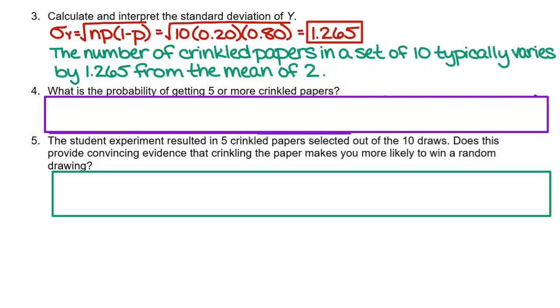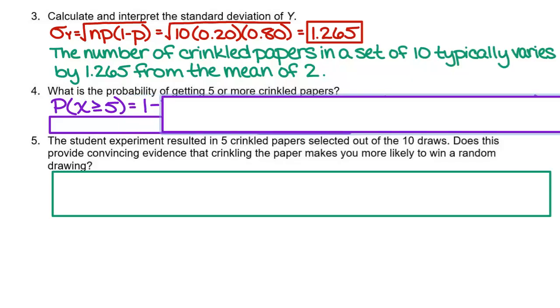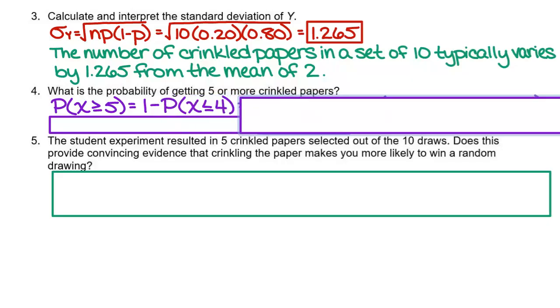Probability of getting 5 or more crinkled papers. What would I use? Can I do greater thans on my calculator? I can't do a greater than, so what would I have to do instead? 1 minus what? Probability x is less than or equal to 4. Pop that in your calculator.